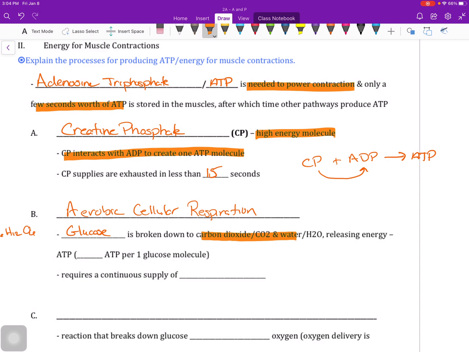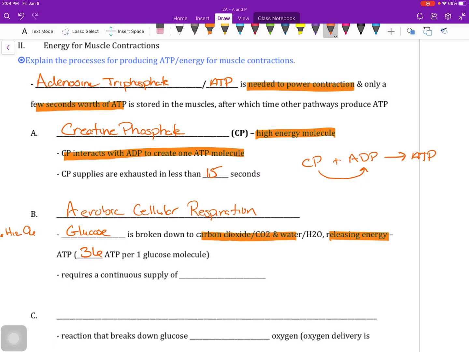It then releases energy. You get multiple ATP, 36 ATP per one glucose molecule. All right, so that's 36 ATP per one glucose molecule.